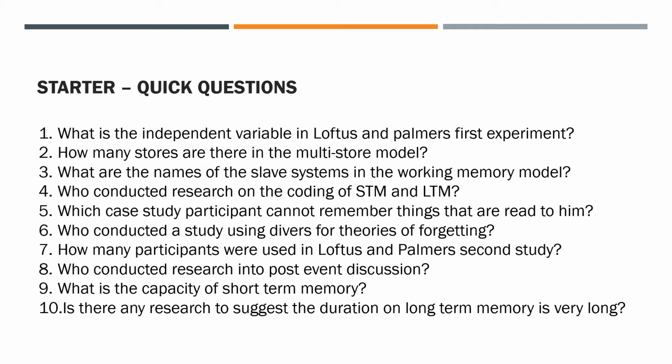Number 2, how many stores are there in the multi-store model? Number 3, what are the names of the slave systems in the working memory model? Number 4, who conducted research on the coding of short-term memory and long-term memory?